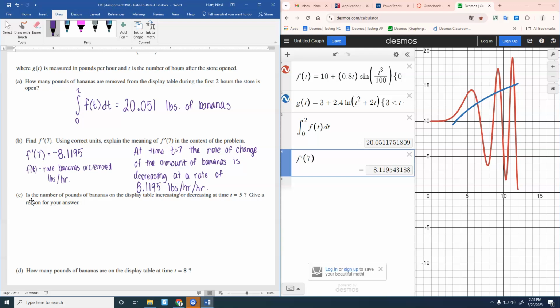Another option, just because the key does it that way, I'm going to do it a different way. If you do F of 5, that gives you the rate that bananas are being taken away, right?